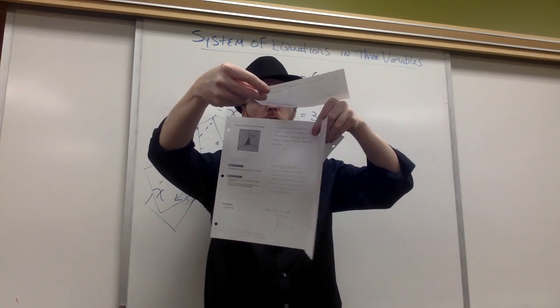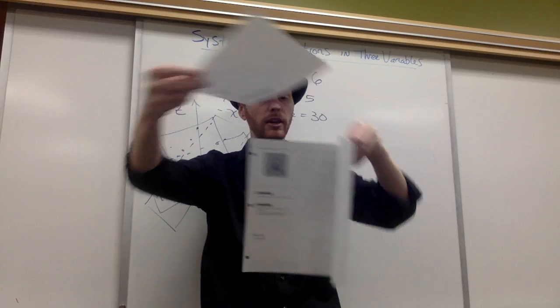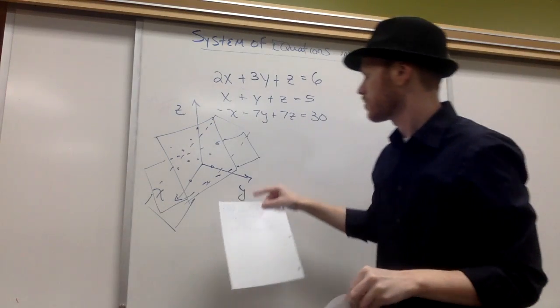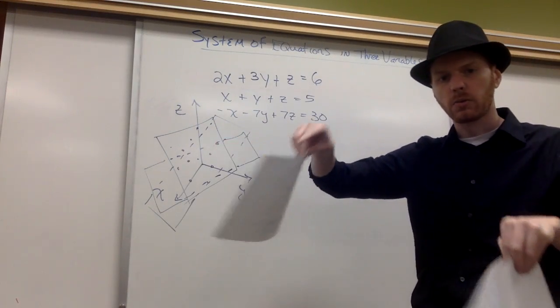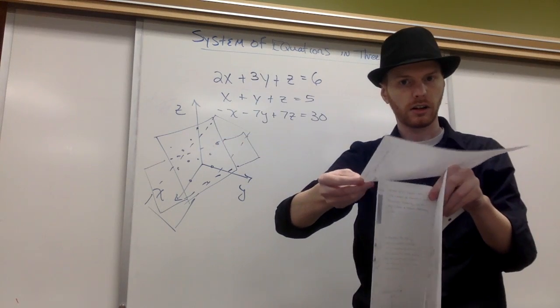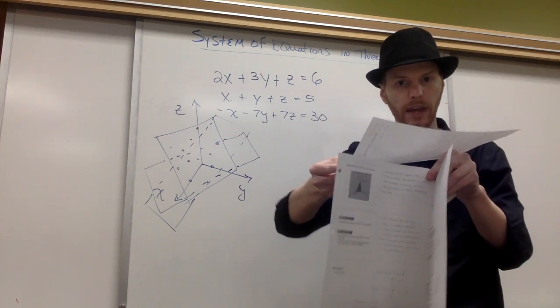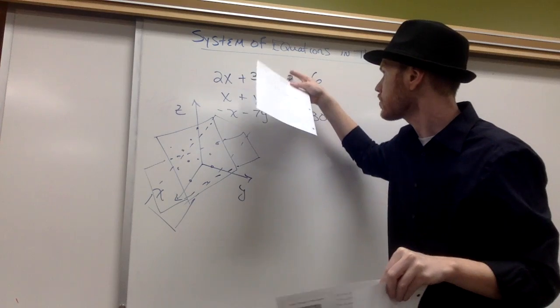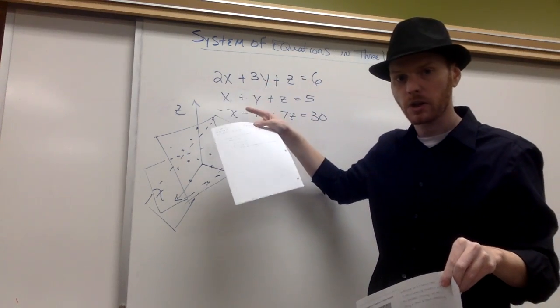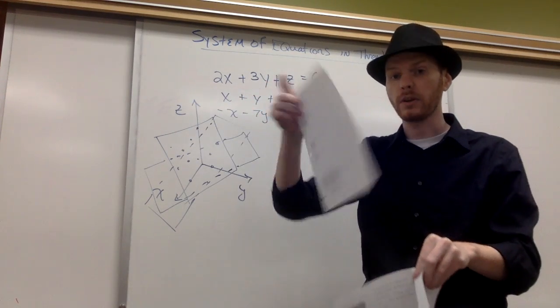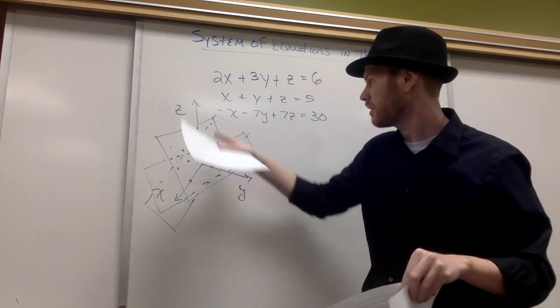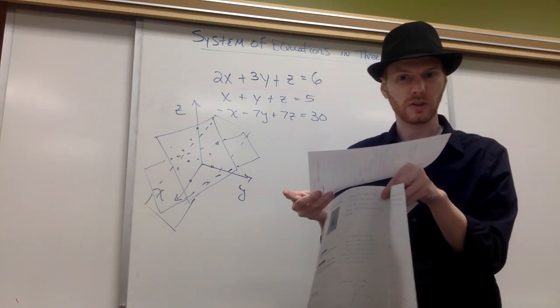Now I'm trying to find where all three planes intersect. And they all intersect at a point. So there's one point in here where all three planes meet, and that's what we're looking for. So the answer to a system of three equations with three unknowns is a point, a point in the 3D space where all three of these planes intersect.